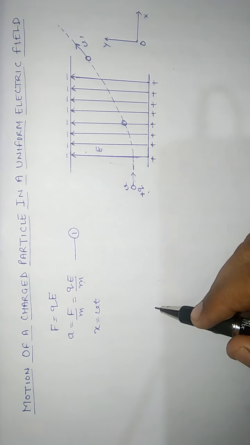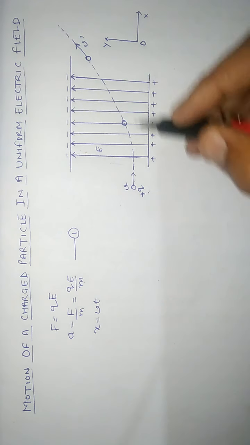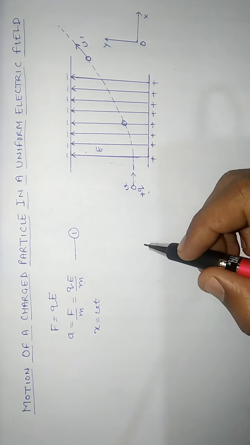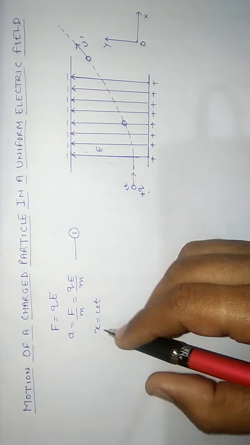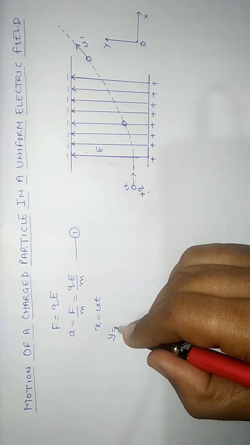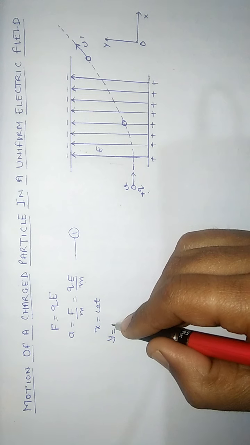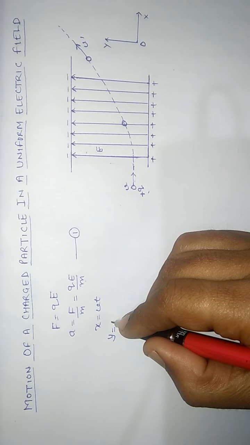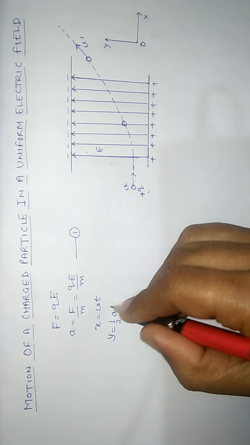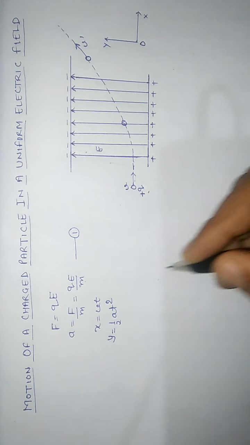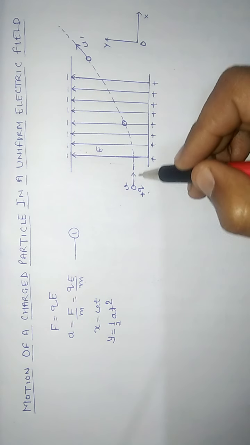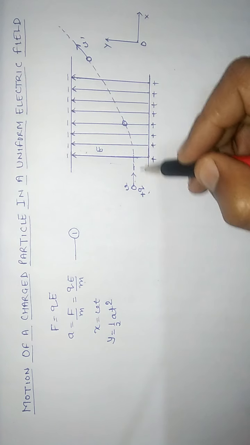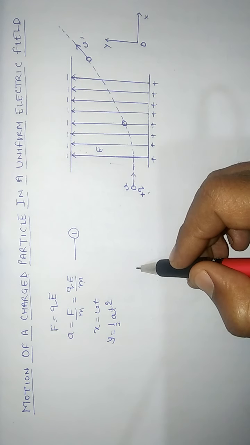So the distance traveled in the y direction by this charged particle will be given by y equals half a t square. This is because along the y direction its initial velocity is 0.